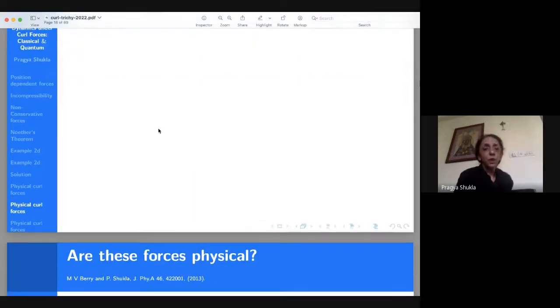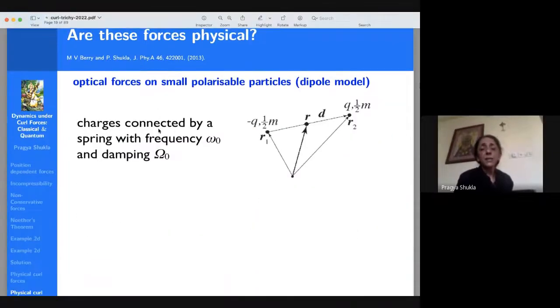Okay, so here is the dipole model. You had an atom, it got separated into charge minus Q and charge plus Q, each of mass half M, if the atom is of mass M. The distance between them is D. That means the dipole distance is D, and the positions of these two charges are R1 and R2.